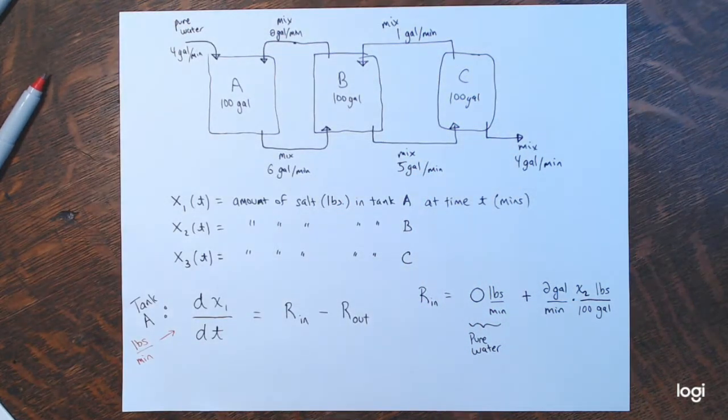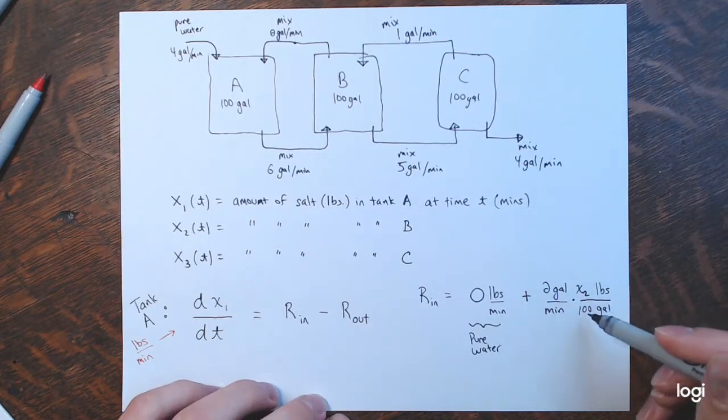So every single one of these tanks is always going to have 100 gallons of liquid in it. Not increasing, not decreasing. So it's x2 pounds per 100 gallons.